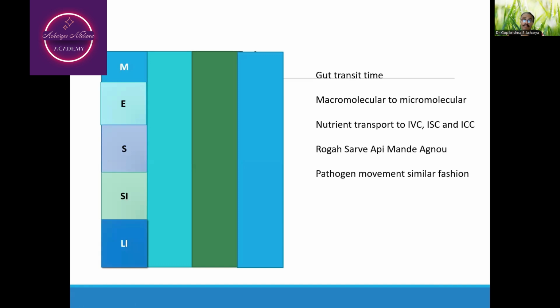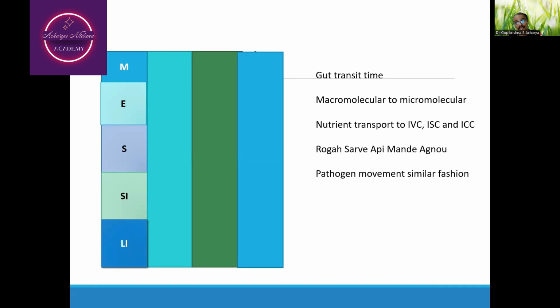Next, coming to the concept of Rogamarga. This is what we can learn in terms of compartments. The alimentary canal can be considered as the Abhyantara Rogamarga, and adjacent to the alimentary canal is the intracellular compartment.